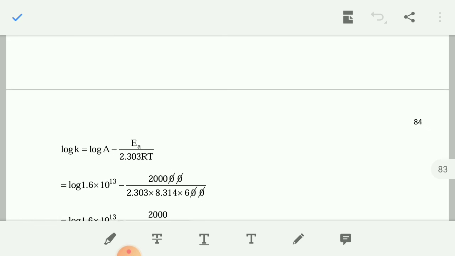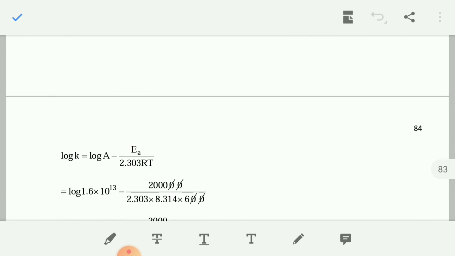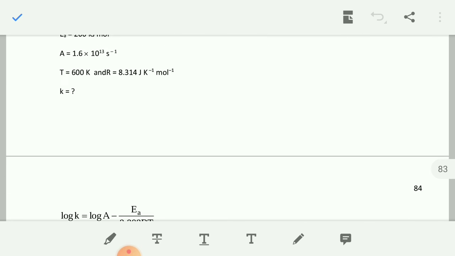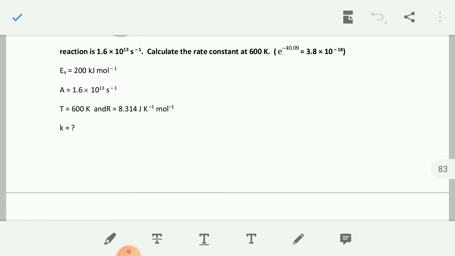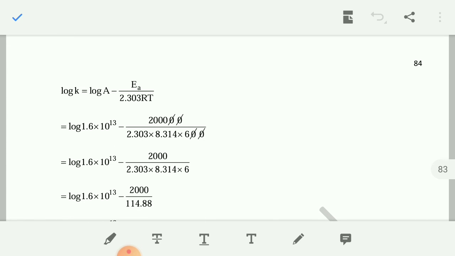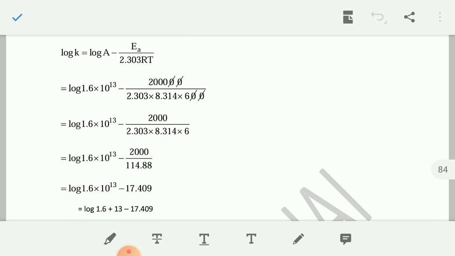Divided by 2.303 RT. R is 8.314, and temperature is 600 Kelvin. So log 1.6 into 10 power 13 minus 2000 divided by, the 600 cancels the 2 zeros, so 2000 divided by 2.303 into 8.314 into 6.